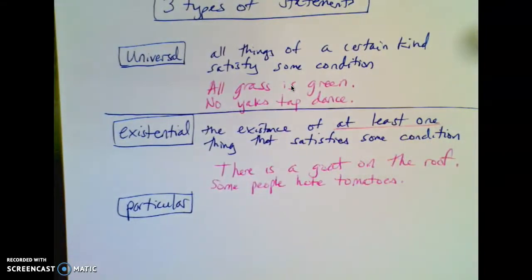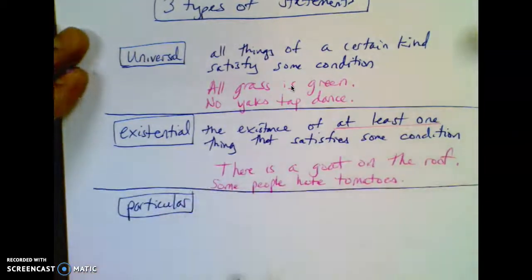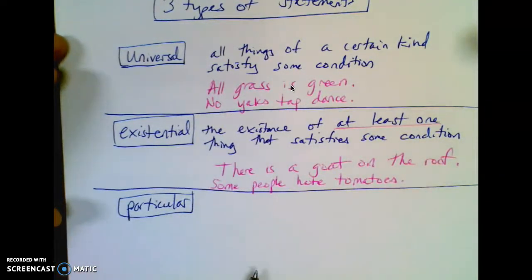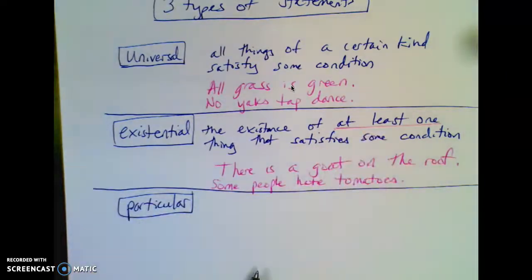Okay, so some people, you could even say some people do not hate tomatoes, and it's actually an existential statement also. Because when you say some people don't, you're also saying some people do. Or you're saying there is at least one who fits that condition.